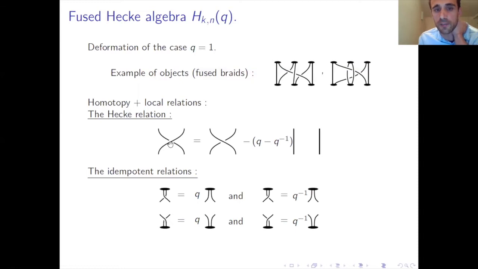So again, you can replace a crossing by its opposite one, modulo a correcting term. And the second kind of local relation is the idempotent relations, which says something about the crossings which are near this black dot.